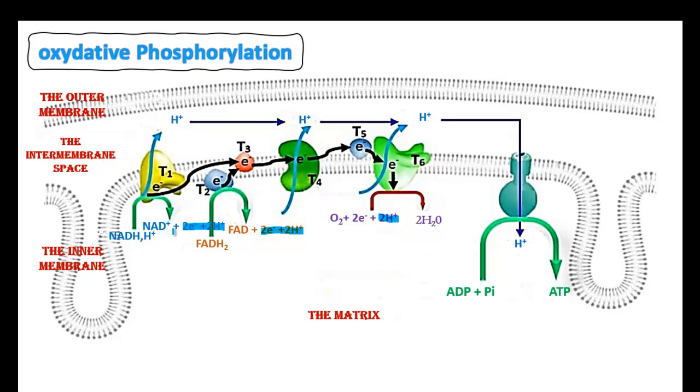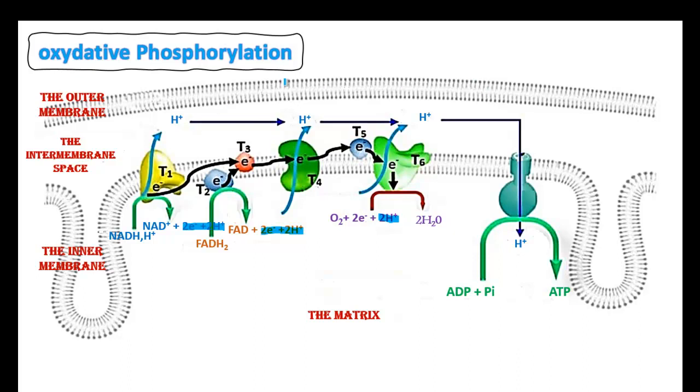If you do remember, we said that protons are going to be pumped by complex number 1, number 4, and number 6. So we will consider that the oxidation of NADH plus H+ is going to pump 3 protons. And for every proton coming back into the matrix through the ATP synthase, we will have the production of 1 ATP molecule.